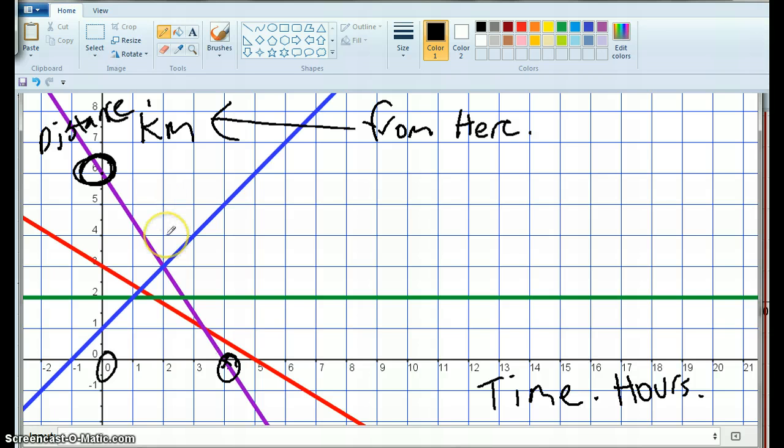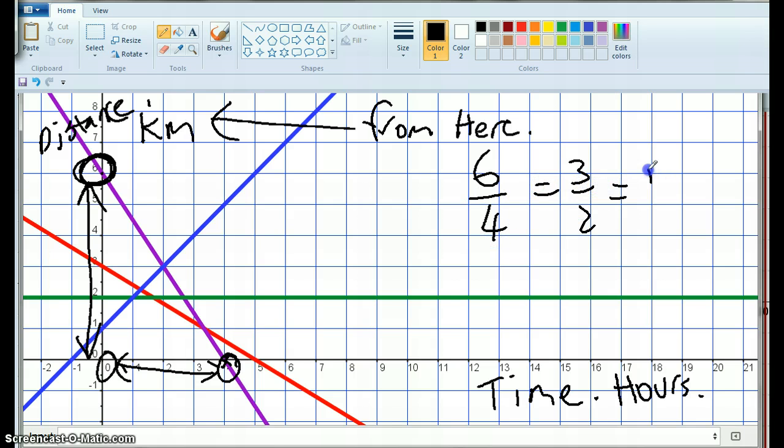So how fast did they go? They travelled 6 kilometres in 4 hours. Rise upon run. That's the same as 3 upon 2. So that's 1.5. So they went 1.5 kilometres per hour. Okay? Make sense?